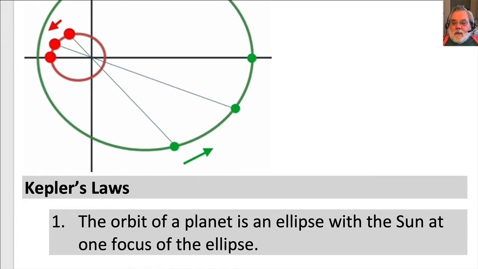Kepler discovered that orbits are ellipses, not circles, by analyzing the data from Mars's orbit, whose eccentricity is larger than for Venus, Earth, Jupiter, or Saturn. Actually, the focus of the planetary orbits is at the center of mass of the solar system, which is slightly outside of the Sun due to Jupiter's mass and distance.